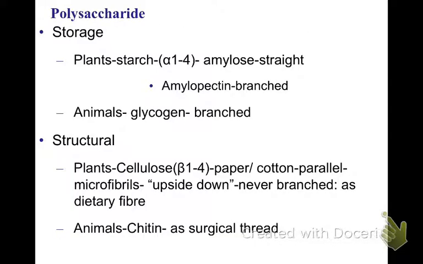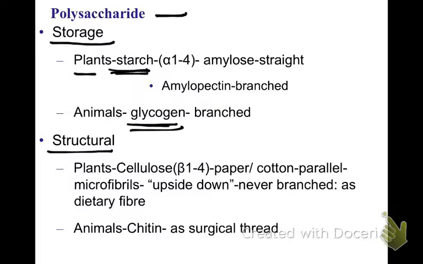So polysaccharides have 2 functions chiefly, storage and structural, and the storage function is satisfied by starch in plants and by glycogen in animals. Starch has an alpha 1,4 linkage and is invariably straight, and so it's called amylose. If it is branched, it is amylopectin.